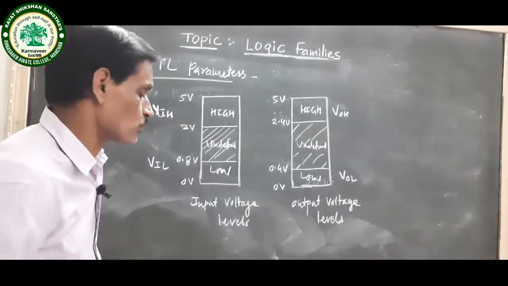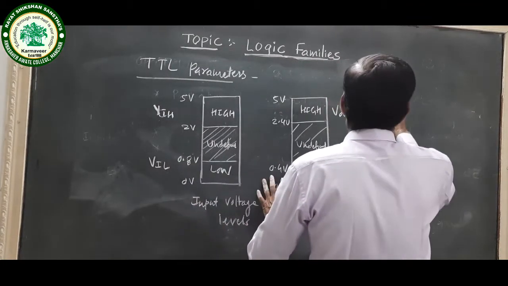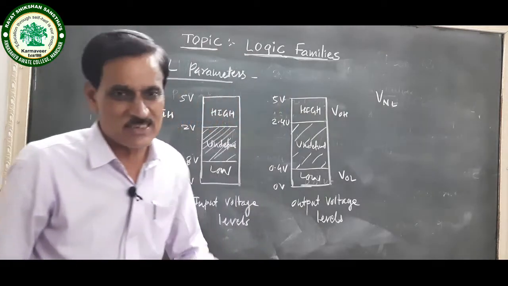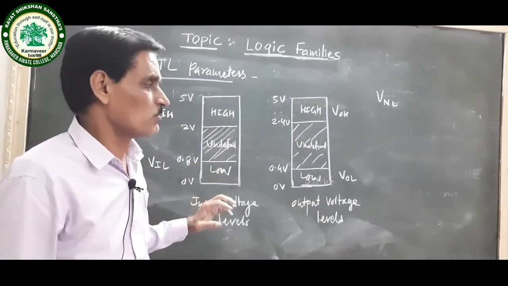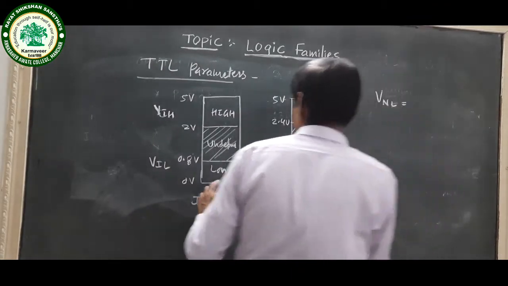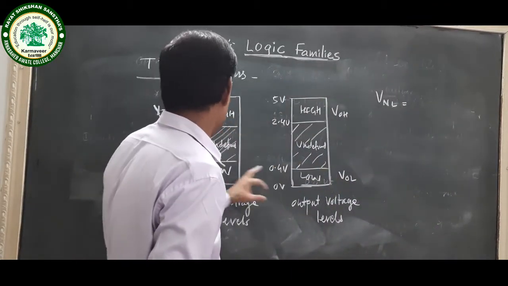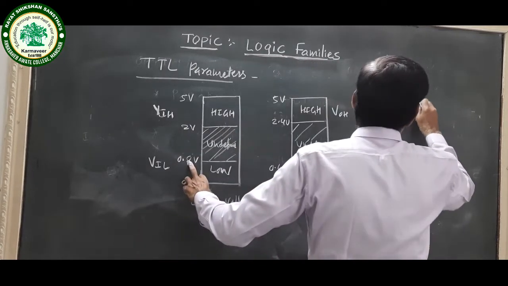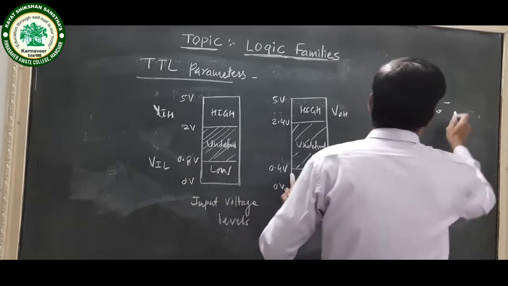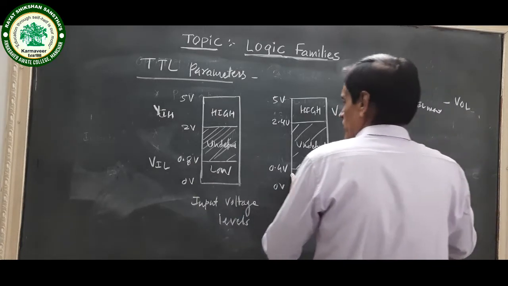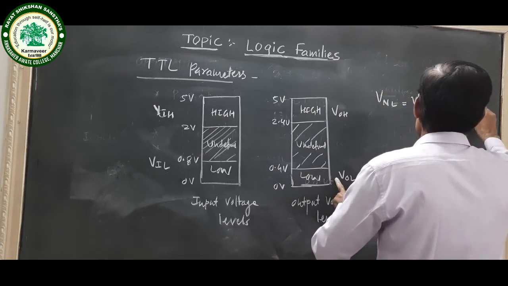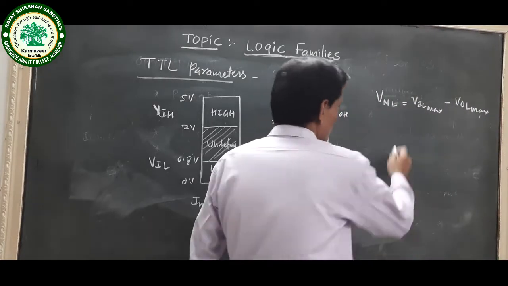Yesterday I told you about the noise immunity of the circuit. There are 2 types of noise immunity, low noise immunity and high noise immunity. VNL is defined as VIL maximum minus VOL maximum. Yesterday we wrote this formula.